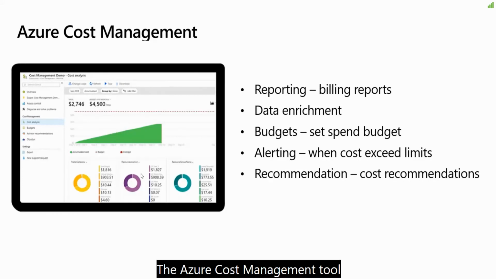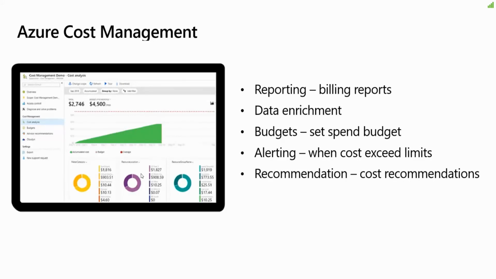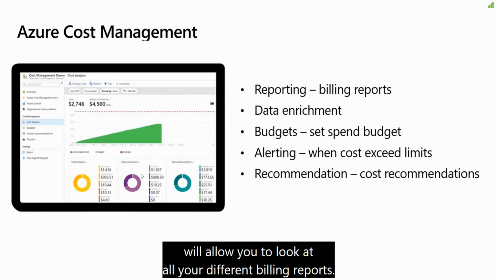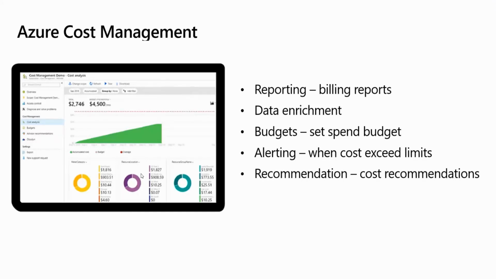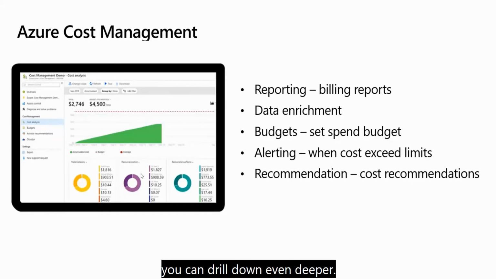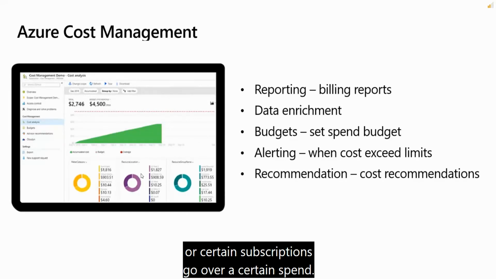The Azure Cost Management tool will allow you to look at all your different billing reports. And if you've taken advantage of tags, you can drill down even deeper. If you have budgets, you can actually set budgets to not let certain users or certain subscriptions go over a certain spend.